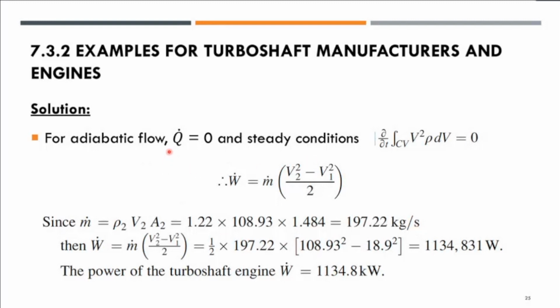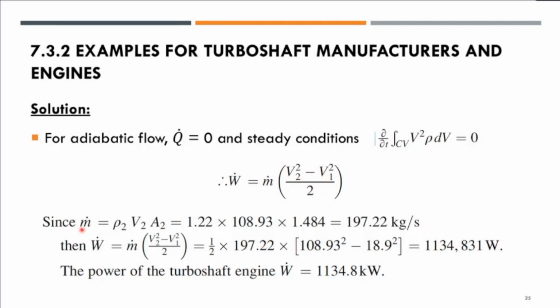For adiabatic flow, there is no heat transfer, so Q dot equals 0, and under steady conditions you get only the work element, which is equal to the mass flow times the velocity difference squared over 2.